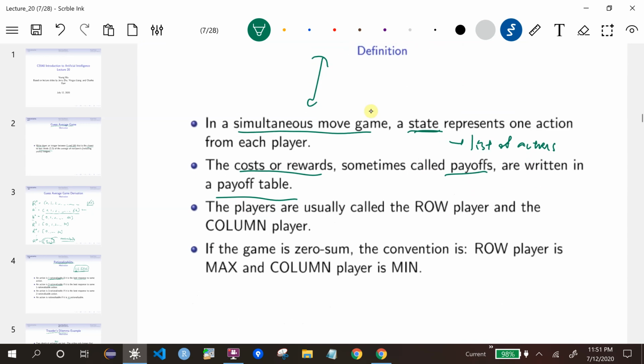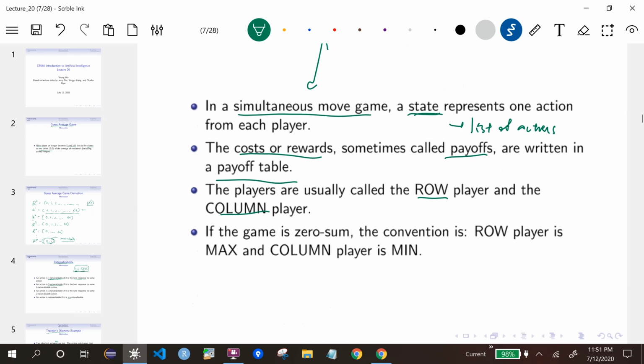And if you have two players, there's one row player and there's one column player. And if the game is zero sum, then we can store less information. We can just store the cost of one player, then the other player's cost is just 1 minus that. And usually we'll assume the row player is the max player and the column player is the min player, but I will specify these on the exams.